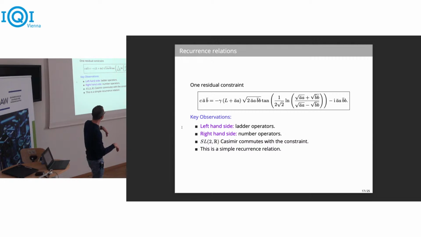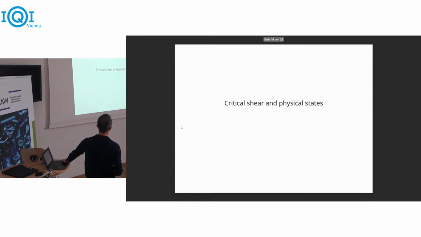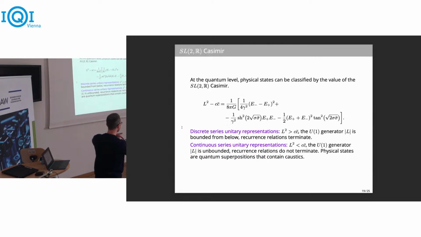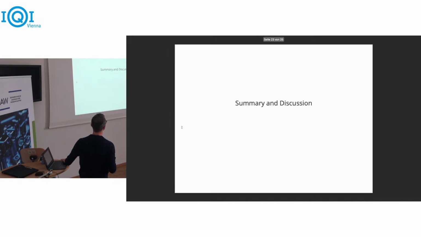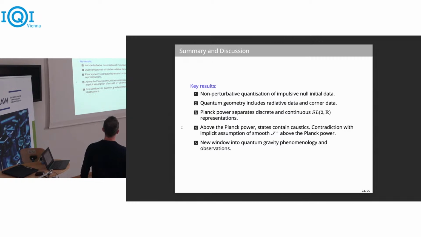But for the continuous series representations, this doesn't happen, and you have to sum up infinitely many states in which the quantum numbers for A and B become infinitely large, at which point the shear degrees of freedom diverge, which then implies that you can create caustics. And this can be avoided when you are working with the discrete series representations.